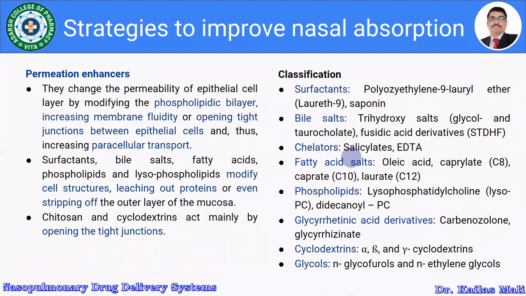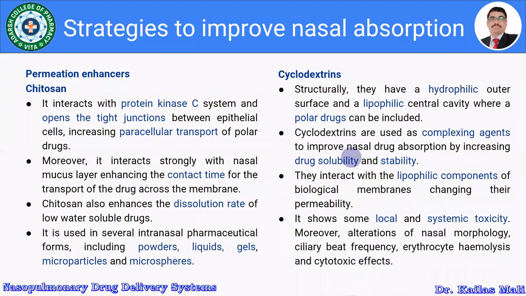Let us see a few details about certain permeation enhancers. Very first one is chitosan. Chitosan is widely used as a permeation enhancer in nasal drug delivery systems.